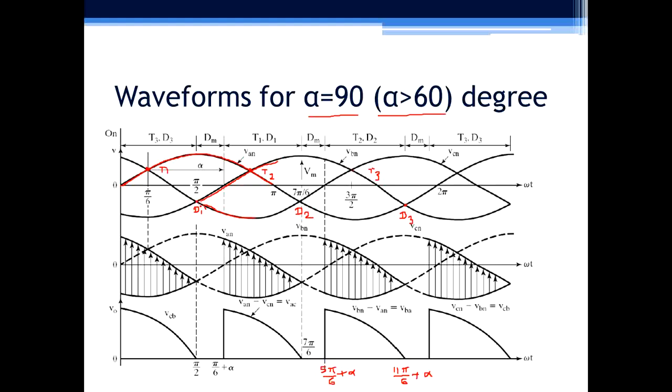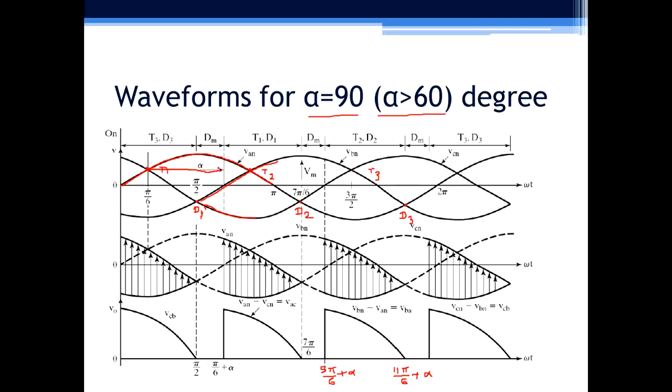Similarly, this diode D1 will conduct when the C phase is negative, D2 will conduct here when A phase goes negative, and D3 conducts when B phase goes negative. Now for thyristors, they will conduct when gate pulse is applied. So we have decided that alpha is to be 90. So from this point pi by 6, that is 30, we have to measure firing angle alpha.